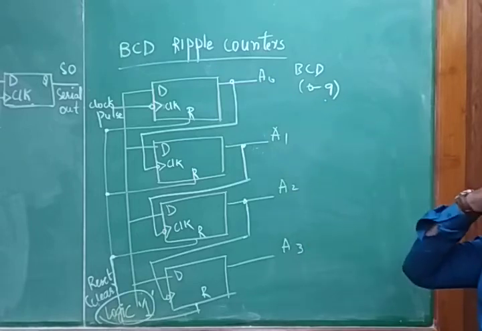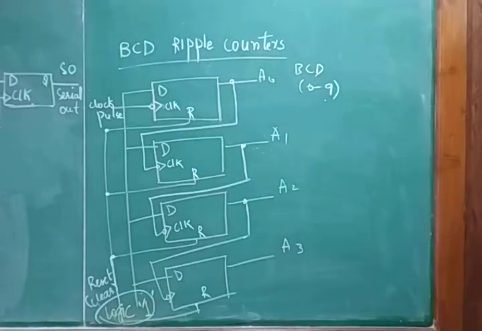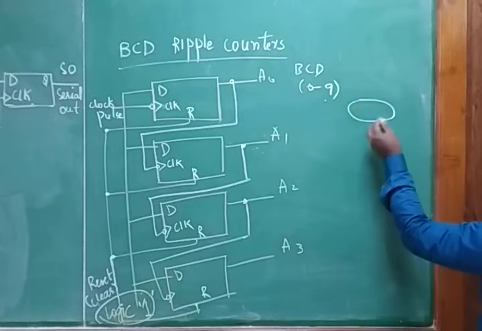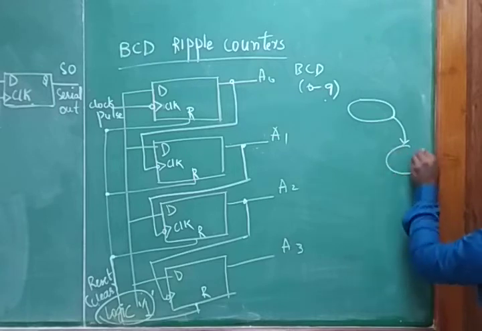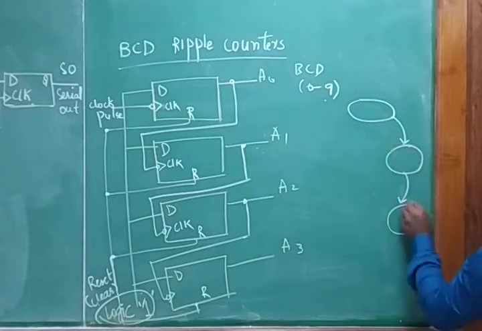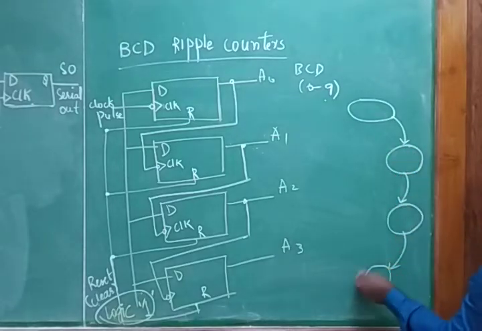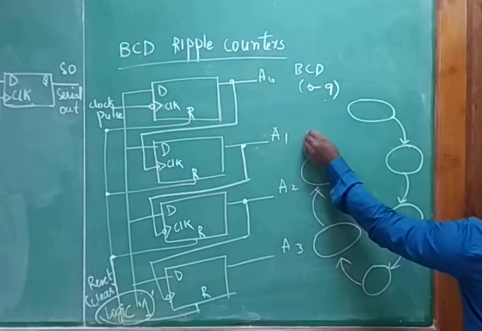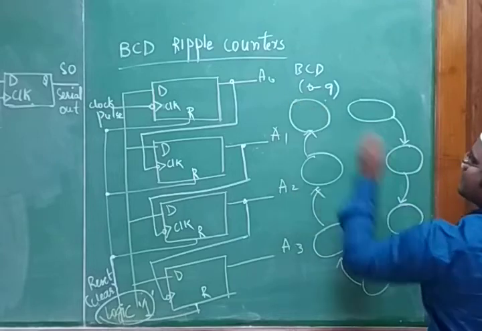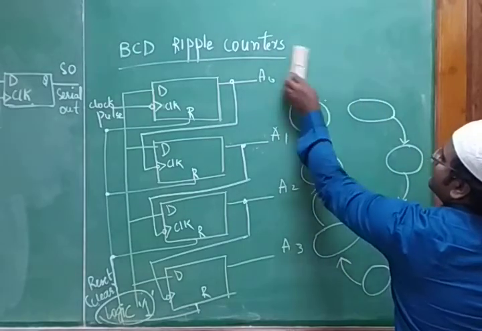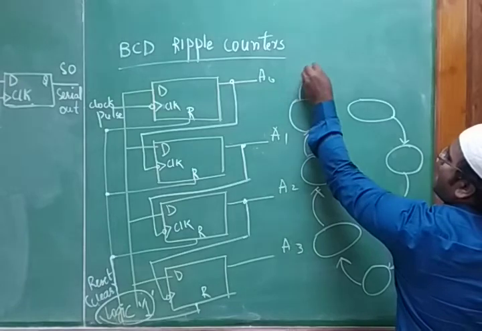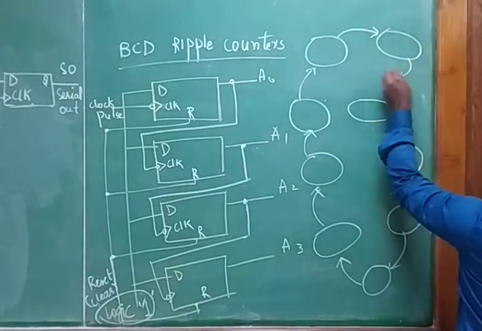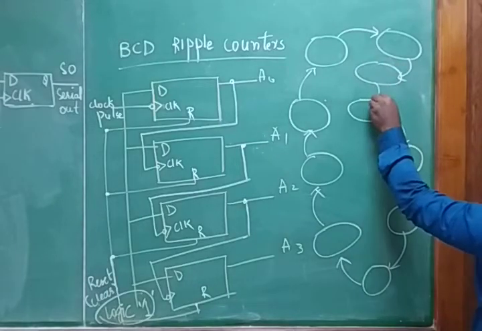Now I want to write the state diagram for it. How do I get the state diagram? 0 to 9 I had, right? I write state 1, that is bit 0, bit 1, bit 2, bit 3, bit 4, bit 5, bit 6, bit 7, bit 8, bit 9, and then again it will come back to this position.